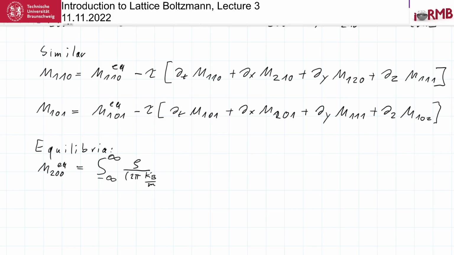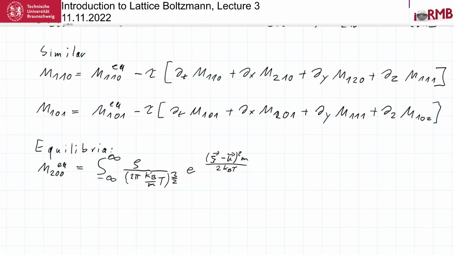You will find the same equation with another definition, and then the mass will be included in the rho. Okay, so this to the power of 3/2, and this then again multiplied by e to the power of minus xi minus u, all of this squared, times the mass divided by 2 kB T.